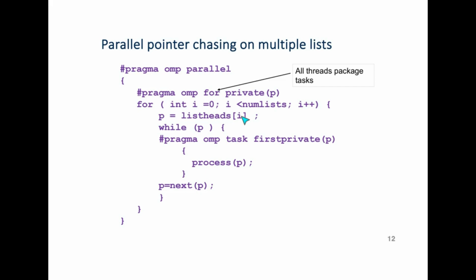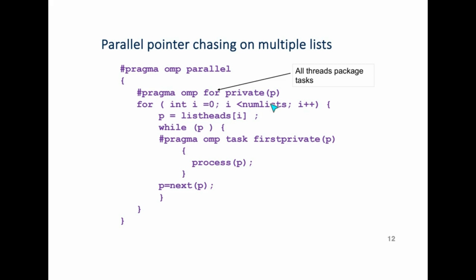So what we could do, now instead of just traversing one list, we want to traverse all the lists and call process on all the items. So what we could actually do is, inside a parallel region, parallelize the generation as well. We could share out the iterations of this loop over the lists between the threads.